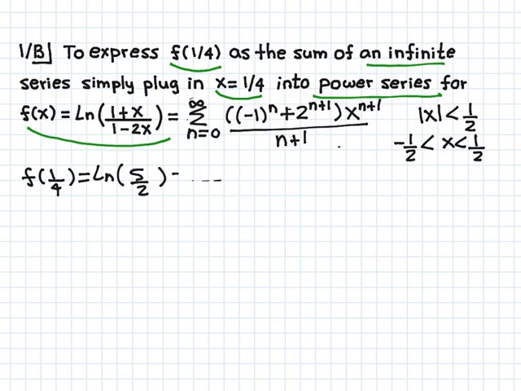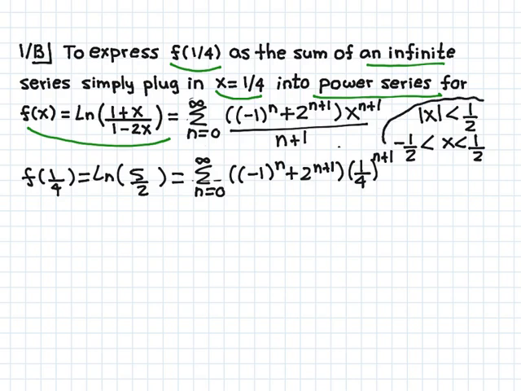Log of 5 over 2 is equal to the summation n equals 0 to infinity of (negative 1 to the power of n plus 2 to the power of n plus 1) times 1/4 to the power of n plus 1, divided by n plus 1.